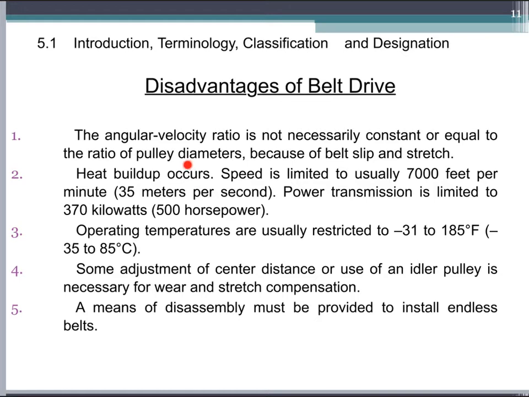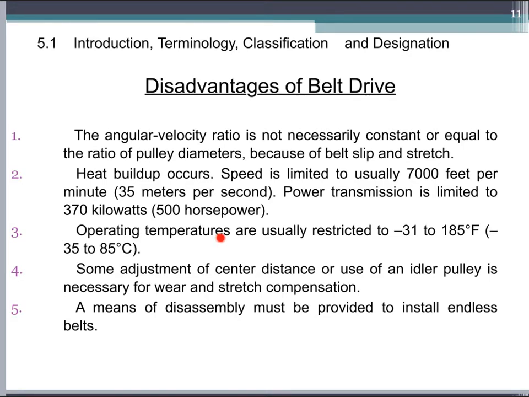So in order to reduce the heat build-up, we need to limit the speed and the power transmitted on that belt. And because it is made from flexible material, we need to limit the operating temperature, usually 35 to 85 degrees Celsius, because at higher temperature the material may expand.